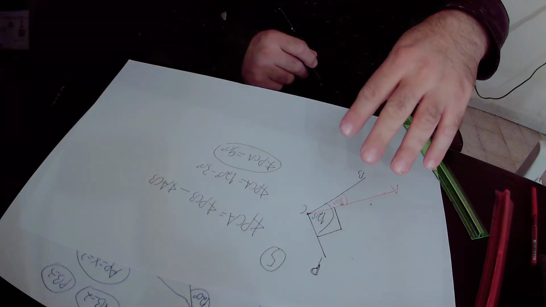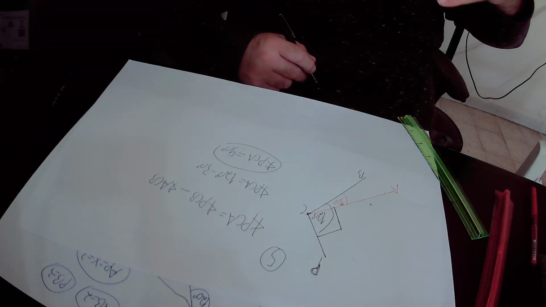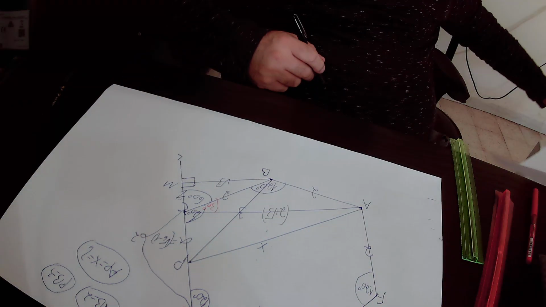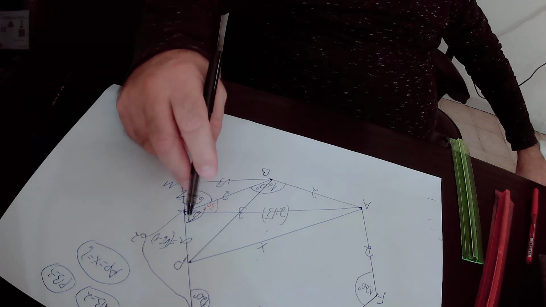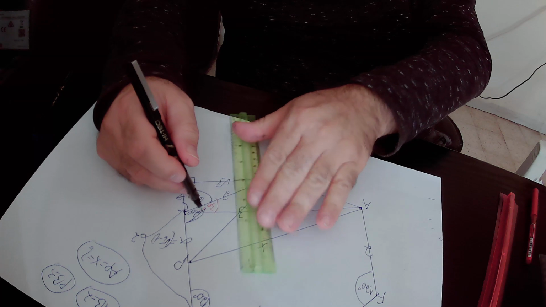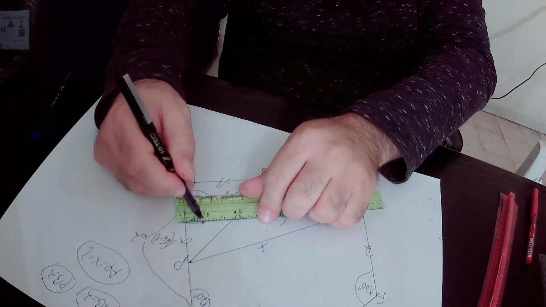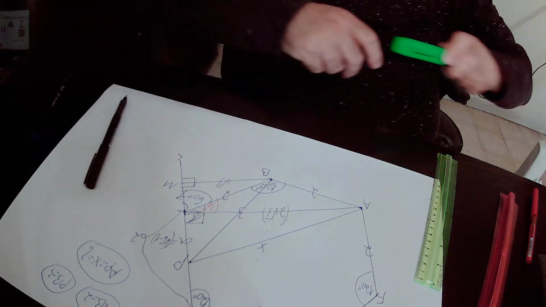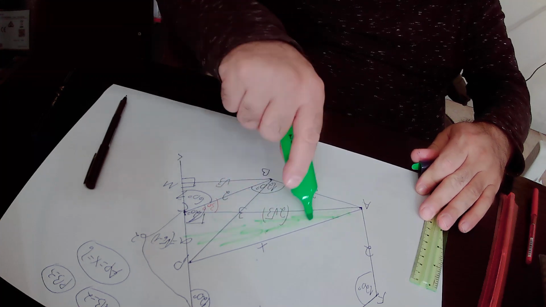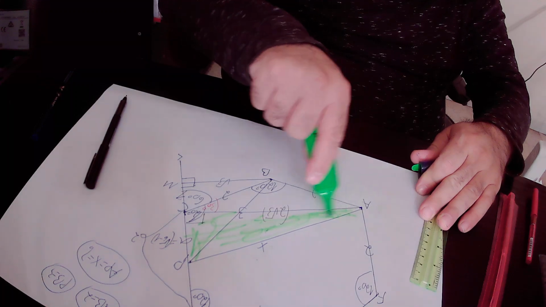And because angle PCA is a right angle, it means that triangle PCA is also a right triangle. Repeat again, the green triangle PCA is a right triangle because angle PCA is a right angle.